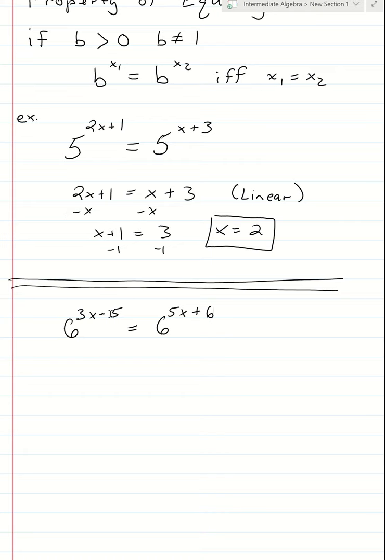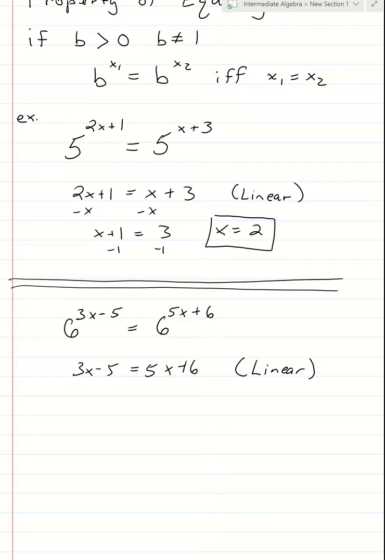Once again, our property of equality, as long as our base numbers, which are here now 6, these numbers are positive, they are not equal to the number 1, and according to our property of equality, if these bases are equal, that means the exponent 3x minus 5 has to equal the exponent 5x plus 6. Once again, creating now a linear equation.